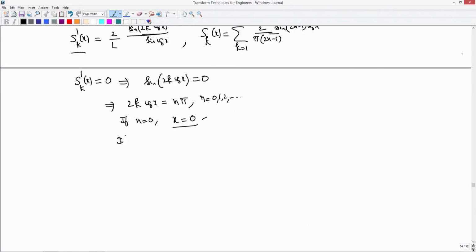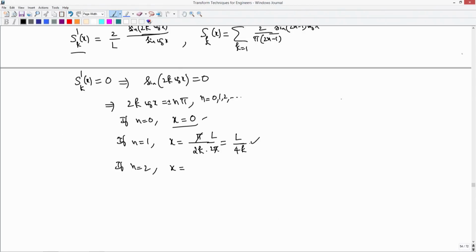If n equal to 1, x equals pi divided by 2k divided by w naught. W naught is 2 pi by L. So, pi goes, and you have L by 4k. So, this is the first value, and what happens when n equal to 2? Of course, this can be plus or minus. So, when I choose the plus side, this is the case.